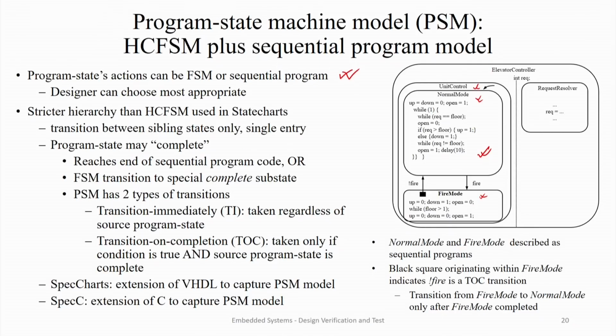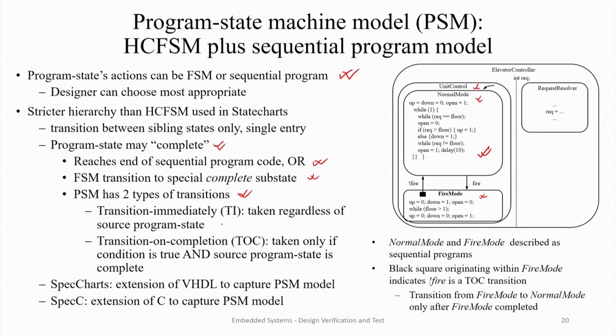A program state may complete, that means you execute the end statement of the program and reach the end of the sequential program, or an FSM transition can be a special complete substate where you want to immediately exit based on a condition. Therefore, PSM has two types of transitions.